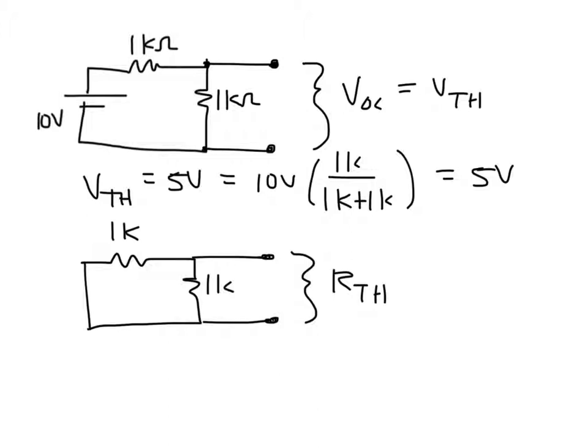In this case, these two are in parallel, similar to a parallel circuit that we've seen before, but the key is that both sides are connected to each other. When you have two equal resistors in parallel, the total resistance is half of each of their values, which means that the Thevenin equivalent resistance is equal to 500 ohms, or 0.5K.